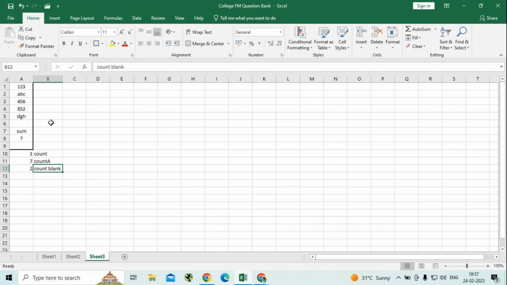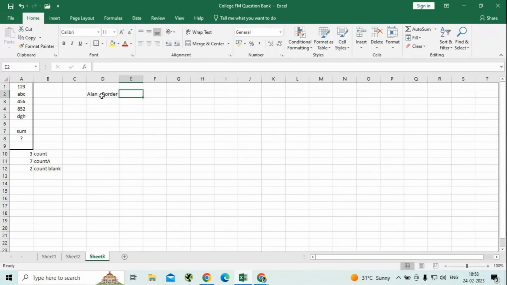Yes, sir. Okay. Now I'll take one more. So you can see that this cell value, whatever it is, has a lot of gaps.